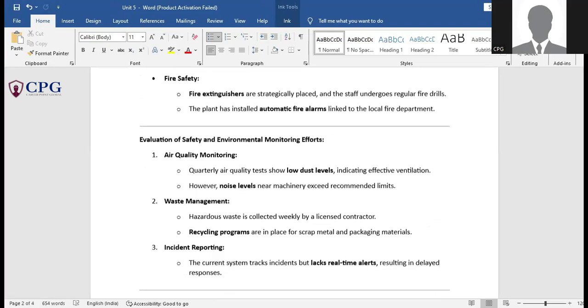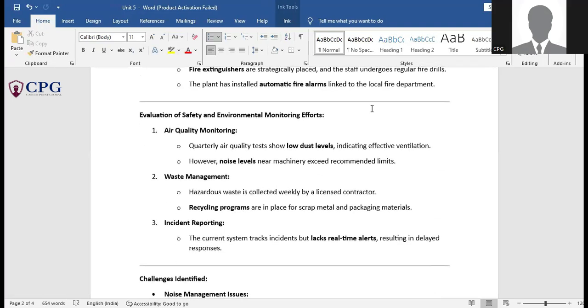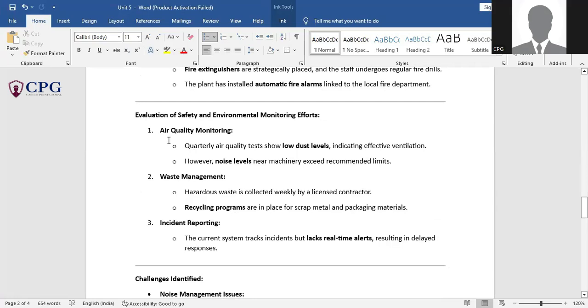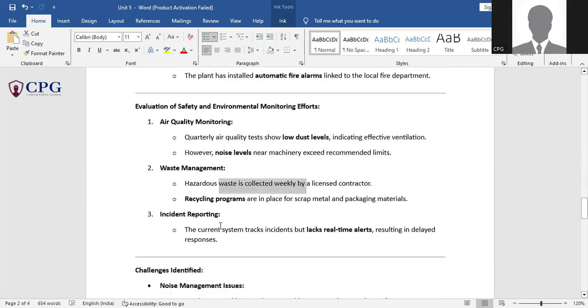Then you are evaluating. When you are evaluating, you'll be saying that when you have identified the dust quality, it shows low dust levels. Or waste management, it is collected weekly. Incident reporting has been done, but real-time reports are not generated.